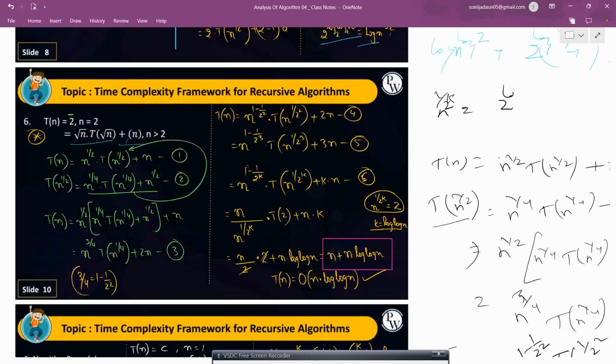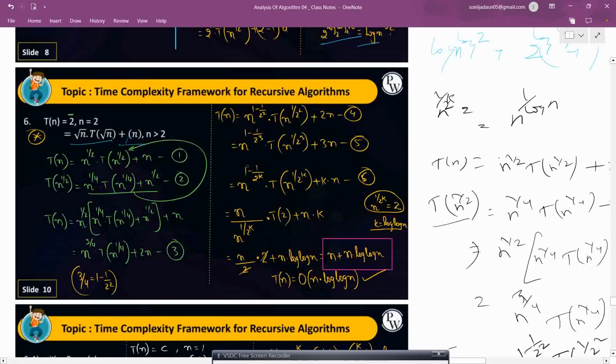2 to the power log of log n, right? So what could we do here? It could be here that log n to the power log 2 to the 1. So it will become n power 1 by log n.